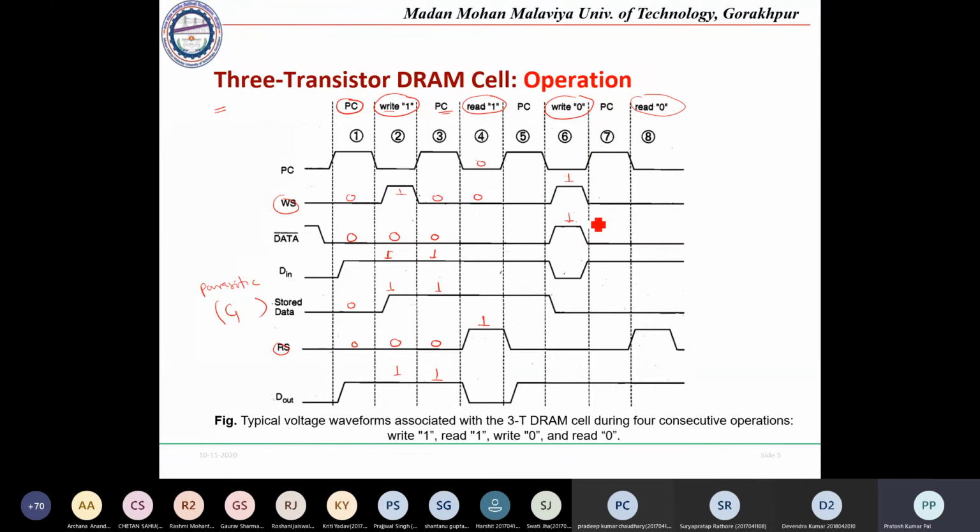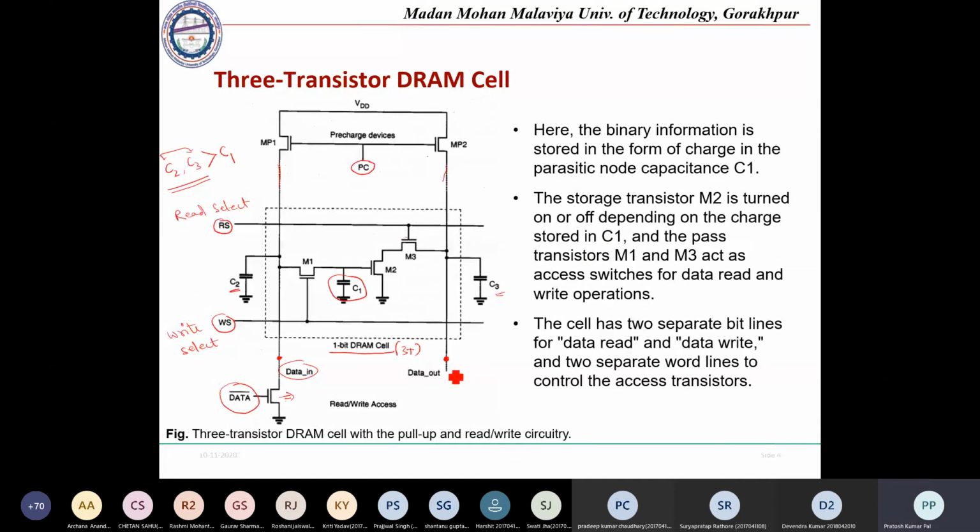Similarly, if we are going to read the data, read select will be activated and write select will be 0, and at that time data bar will be deactivated, that is equal to 0. Reading will be performed on whatever logic is at this point. While reading, initially it will be pre-charged to VDD, and this read select signal will be activated.